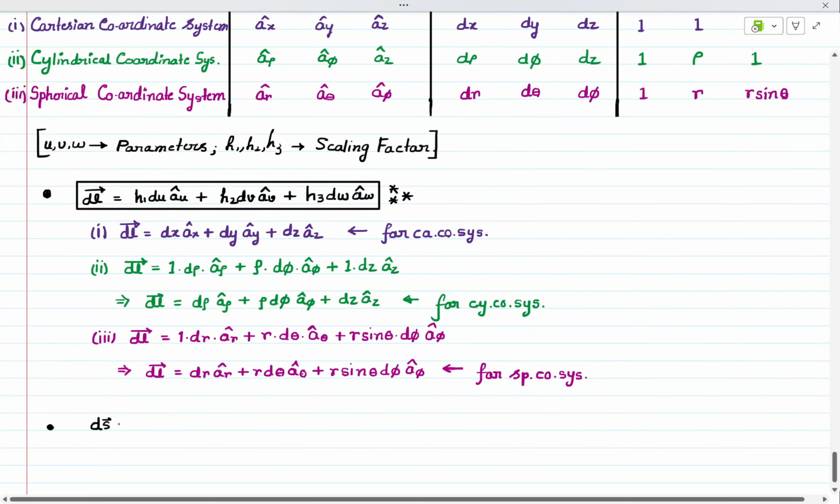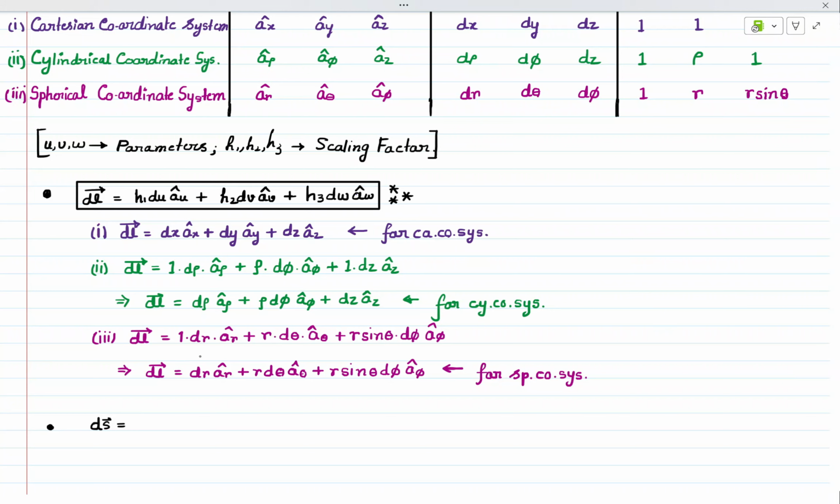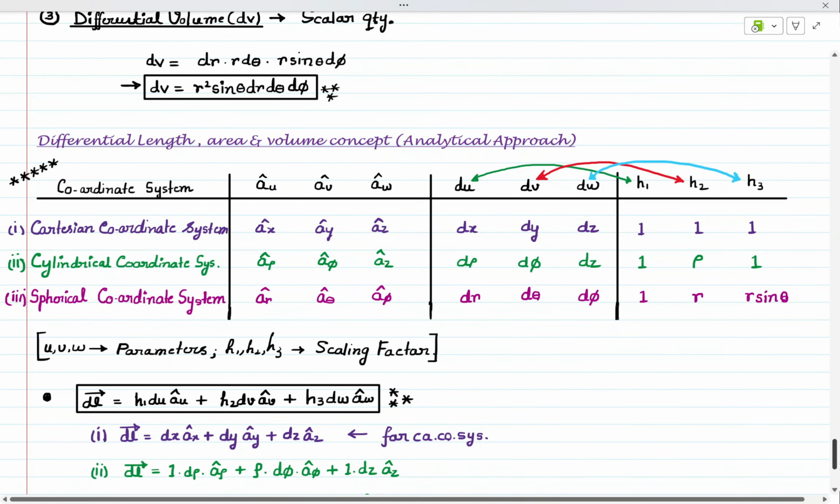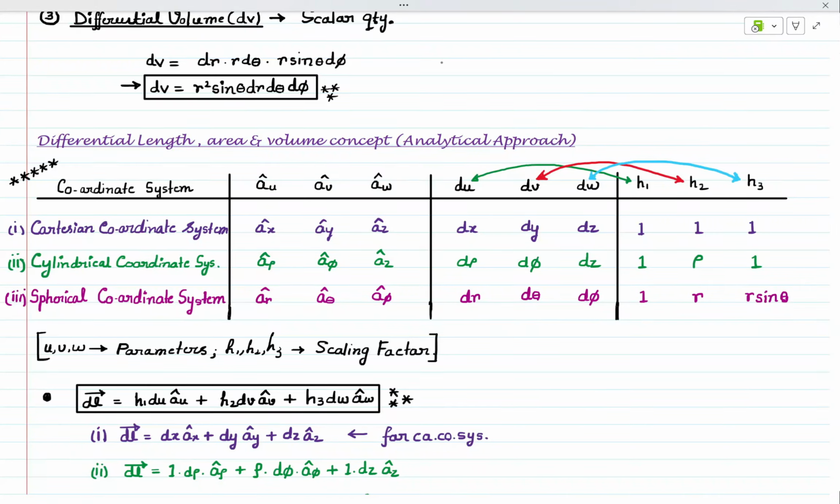The first formula is ds in the direction of au. See this point very carefully. In case of the differential area, what I told you is that among u, v and w, if any two parameters give you the magnitude of the area, then the remaining parameter will give you the direction of the area.